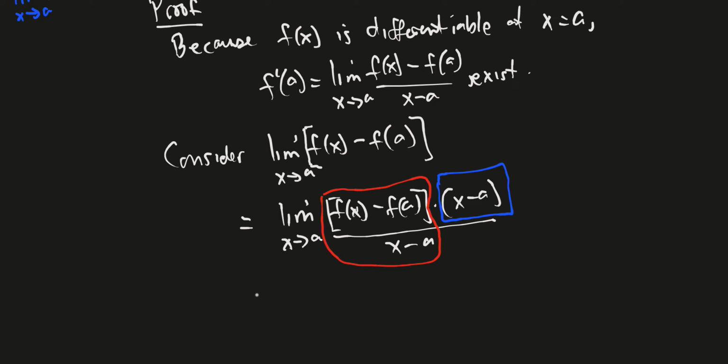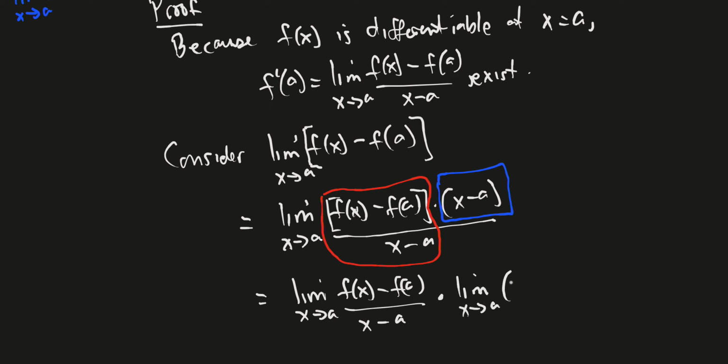So using our limit properties, this is the limit as x approaches a of f of x minus f of a over that quantity, times the limit as x approaches a of this quantity.